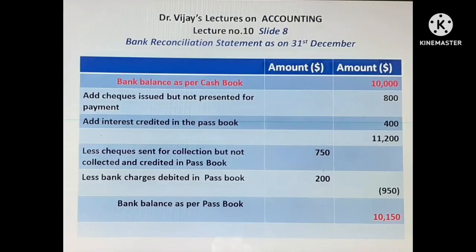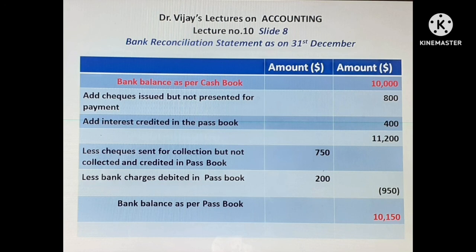The reconciliation statement in Try By Self problem number 1 is given. Bank balance as per cash book, which is given, is $10,000. Two costs of difference are added. One is checks issued but not presented for payment, $800. Two is interest credited in the passbook, $400. When the two items are added, it becomes 11,200.